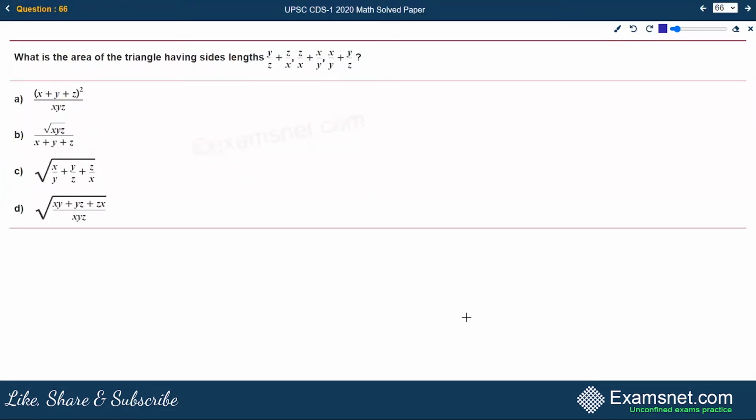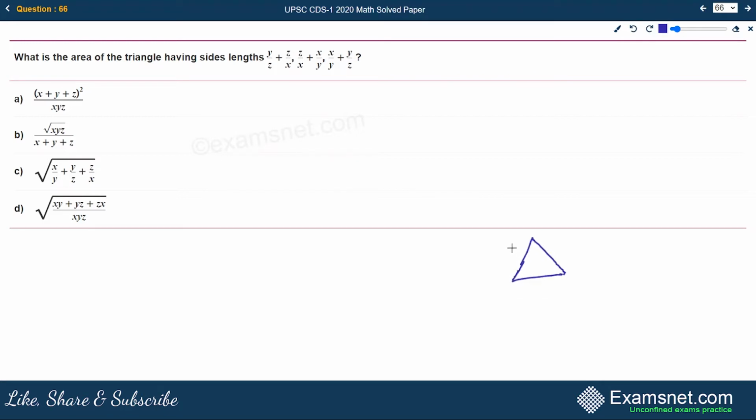In question number 66, we are asked what is the area of the triangle having side lengths y by z plus z by x, z by x plus x by y, and x by y plus y by z. First I discuss the concept of area of a triangle.